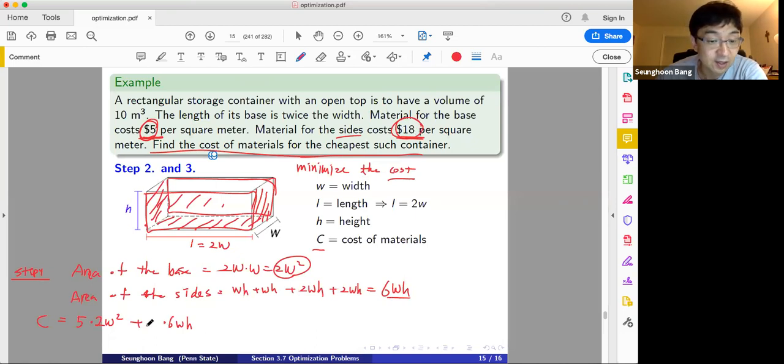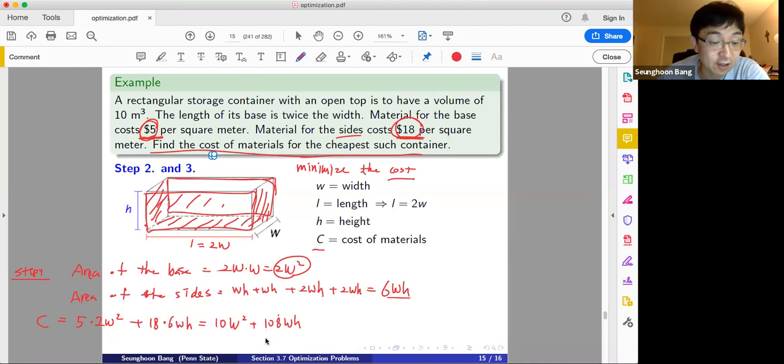So we have 5 times 2 is 10W squared plus 18 times 6, exactly 108WH. That's step 4.